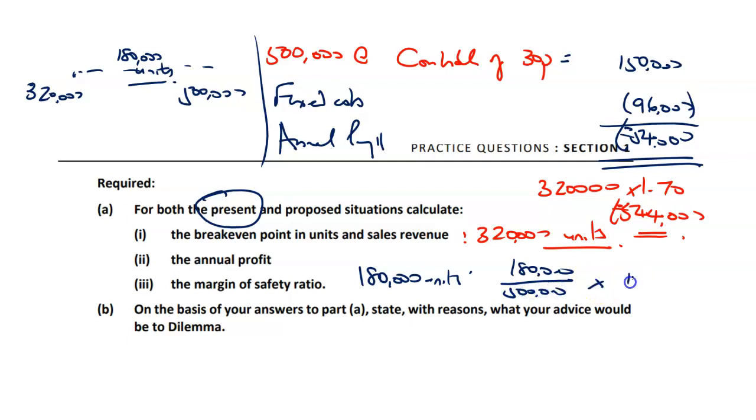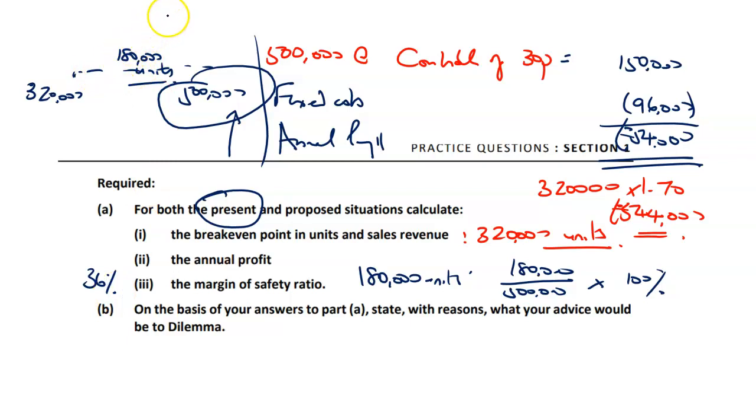Because remember that falling margin of safety is based on the budgeted position, and you can then fall towards the break even. So 180,000 divided by 500,000 is 36%. So you can fall by 36%, and you would hit break even.